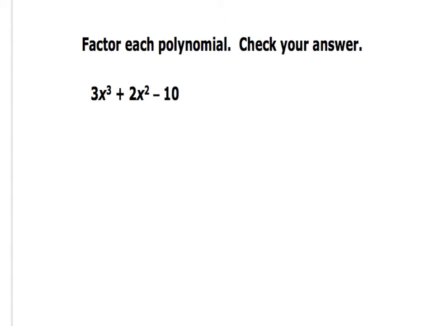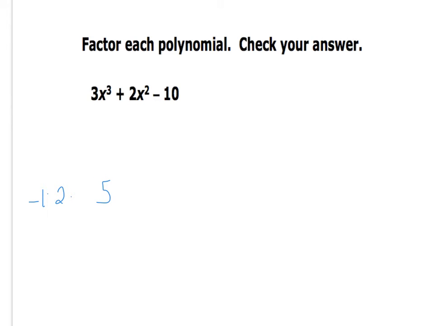All right, for this problem, let's see here. We break it down into its prime factors, so that's going to be 3 times x times x times x. Then I have a 2 times x times x. And for the last term, I have a negative 1 times 2 times a 5. All right.